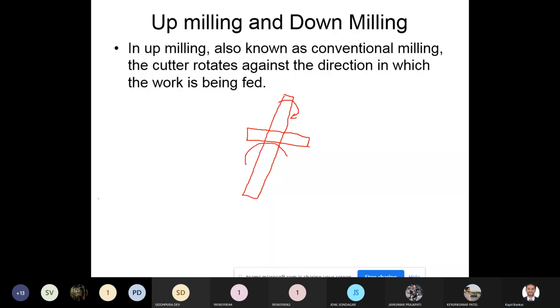Suppose this is your cutter that is mounted on this arbor. The cutter has teeth on its periphery, so here the teeth are on its periphery, and it will be rotated. Now here your workpiece is there.